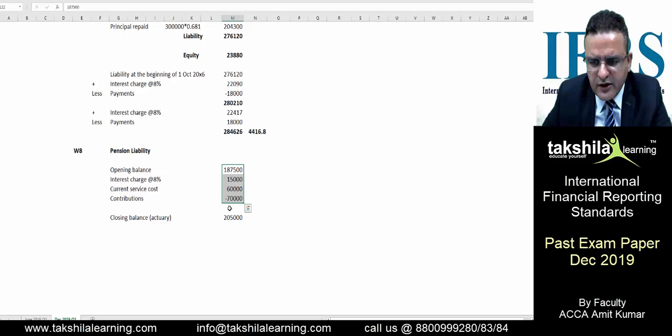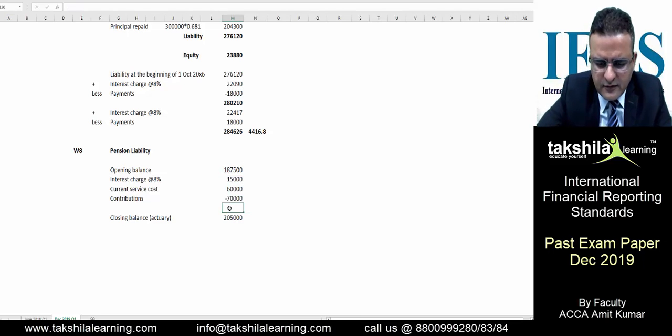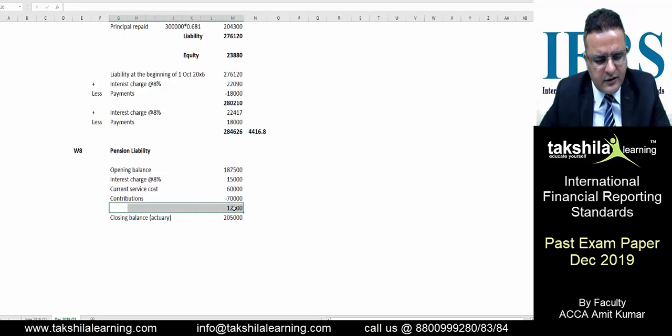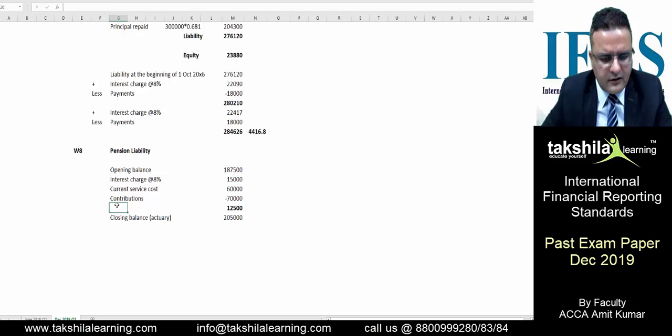The calculated balance is 192,500. 205,000 minus 192,500, 12,500 is the unrecognized actuarial loss.